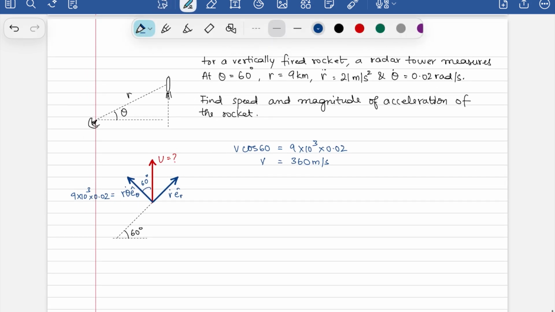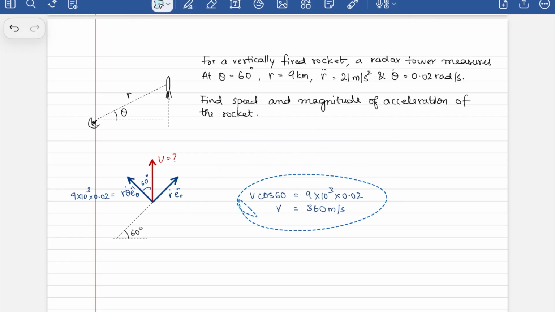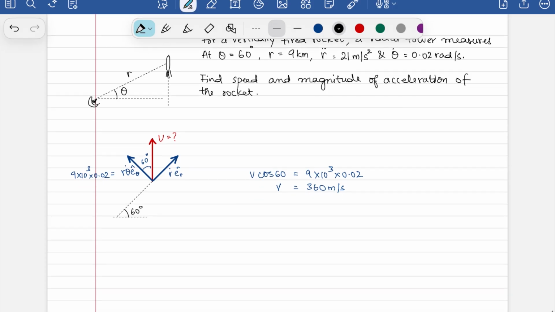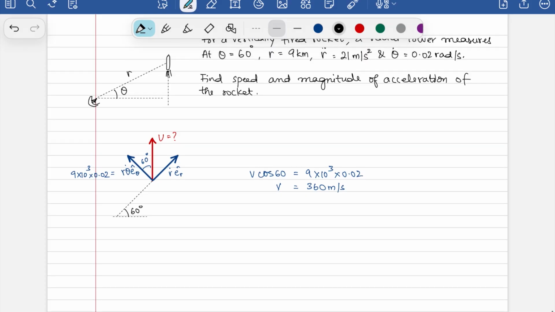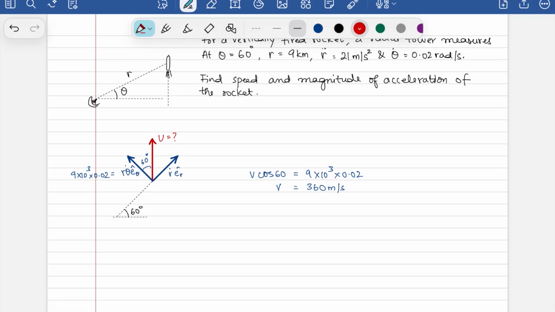So in this case, we used the component of velocity to find, using the polar coordinate system, we're able to find the velocity. Let's apply the same idea to acceleration.